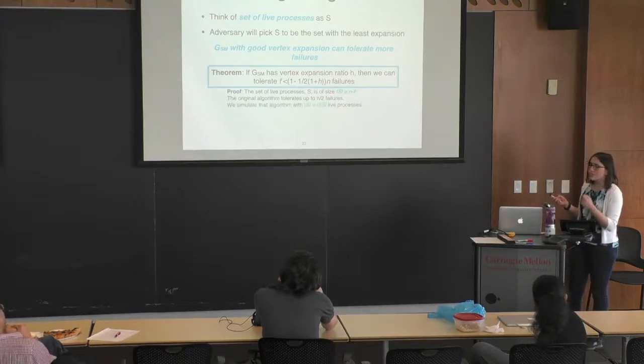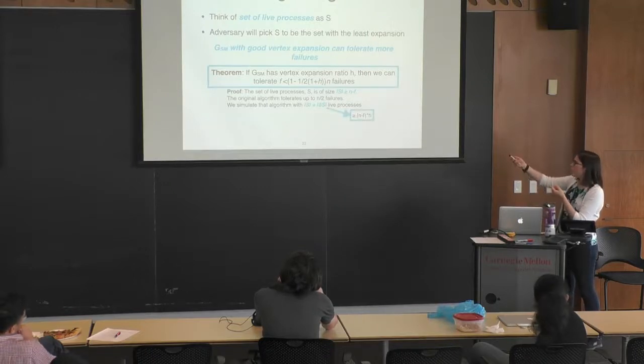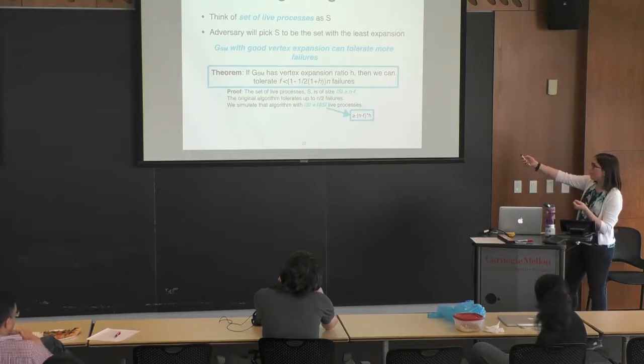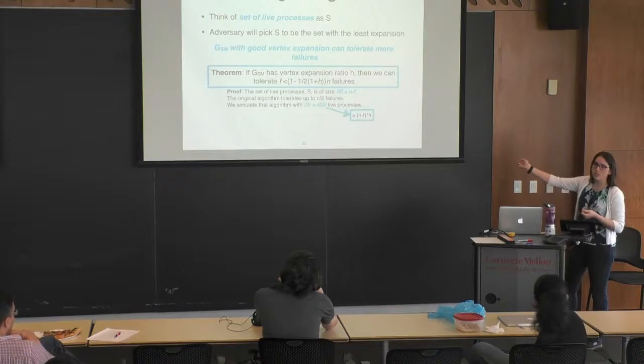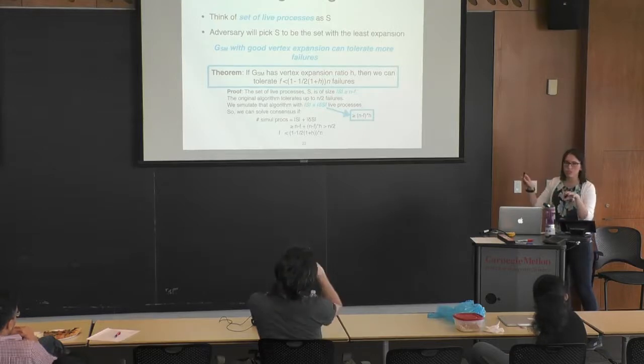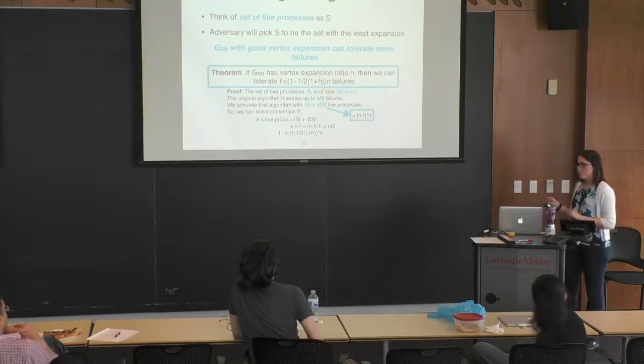And the number of processes we simulate is exactly the set of correct processes plus its boundary. We know that the boundary, according to the expansion, is at least the size of S, which is at least n minus f, times h, the expansion. From this, we just move things around, do a little bit of arithmetic, and we get to our result.